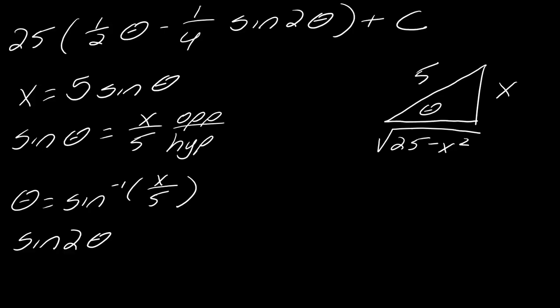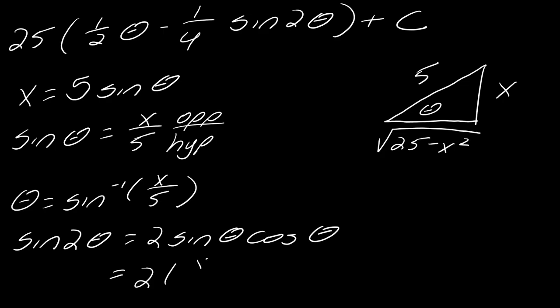The only way that you're going to be able to solve this one for sine 2 theta is really by using that identity. So I am just going to go ahead and set that up. So it's 2 sine theta cosine theta. And from here, I can pretty easily figure out my reference triangles. Sine theta, remember, we already set that up. Sine theta we said equals x over 5. So then what's cosine theta going to be?